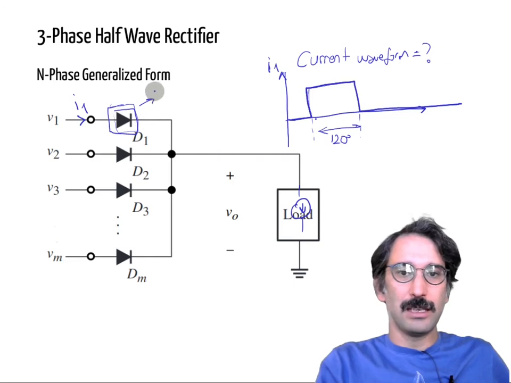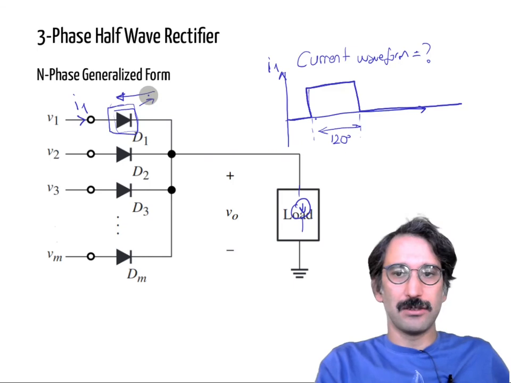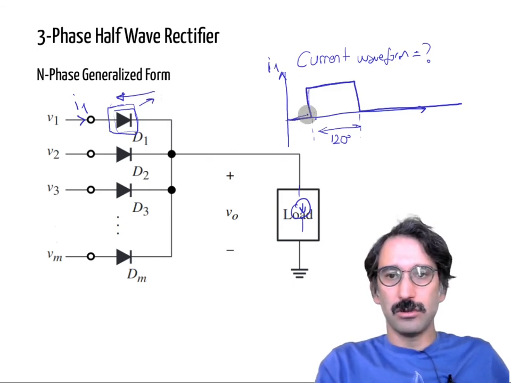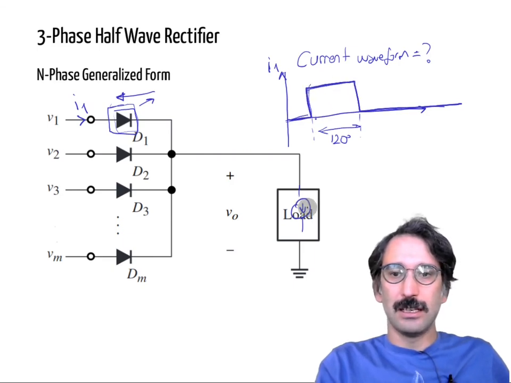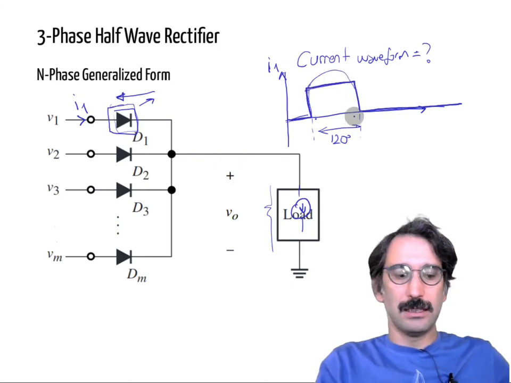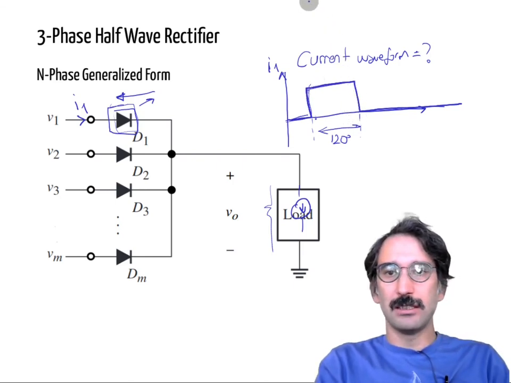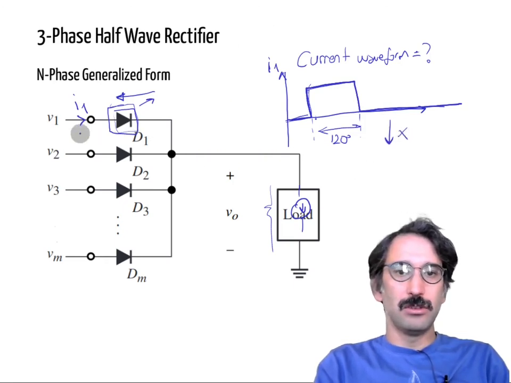But the problem is you have just a single diode. There is no way that there will be some negative current in that direction, right? So at most the current will be 0, and when it is on, you will have DC, or even if it is a resistive load, then maybe that kind of shape for the current. But at the end of the day, you don't have any negative components. You don't have any way to draw negative currents.